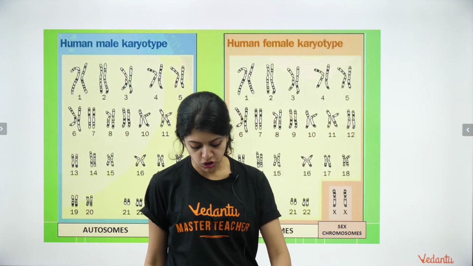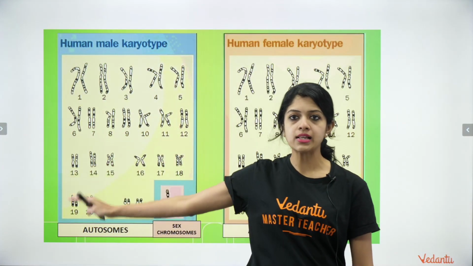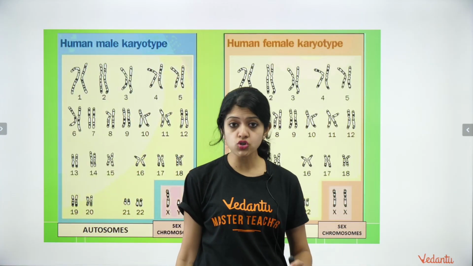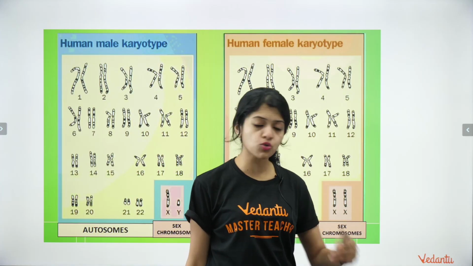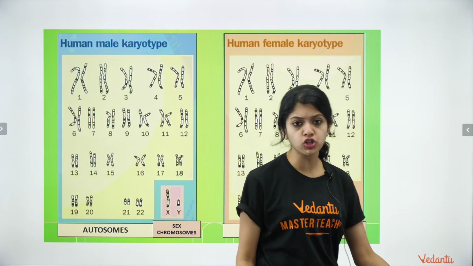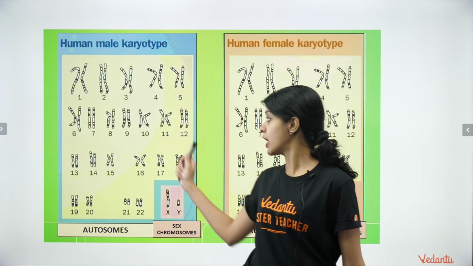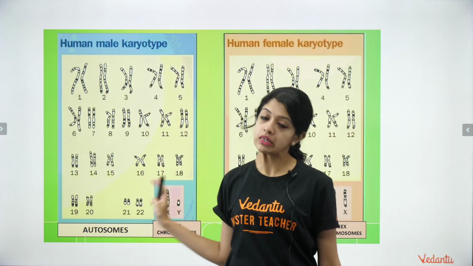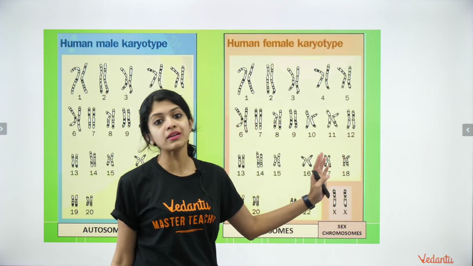Now moving ahead, children, we are well versed in Mendelian genetics now, so it's important to know what autosomes are and what sex chromosomes are. I also explained this in yesterday's session, when we spoke about the structure of chromosomes. This is the human male karyotype, which represents all the chromosomes in a human male cell, and here a human female cell.